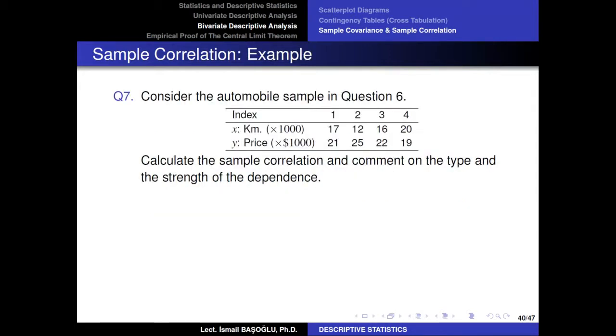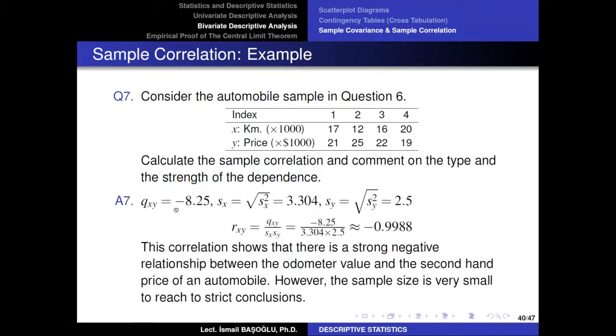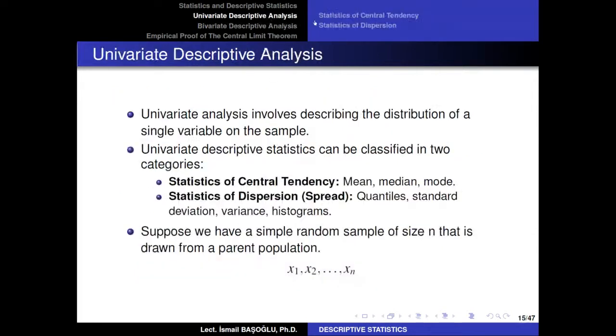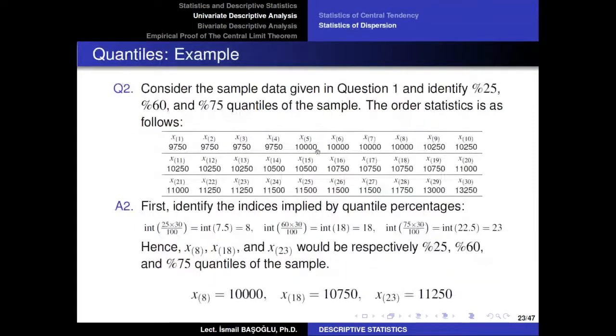Now let's calculate the sample correlation for this example. We have already calculated the sample covariance, so all we need to do is calculate the sample standard deviation for X and for Y. For that, we can calculate the sample variances and take the square root of them. Explicitly how we calculate it is not given in the solution, but you can practice this by looking at the formulas given in the univariate descriptive analysis.